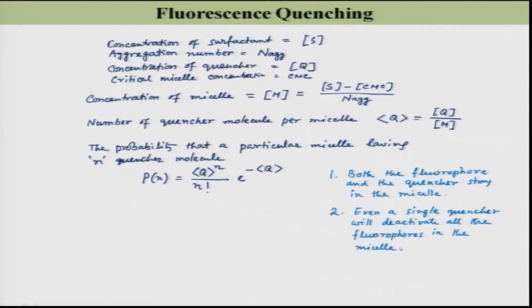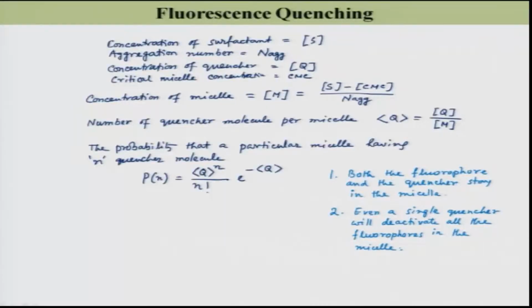In this case, I will not create such a situation at all. I will use a low fluorophore concentration, so that each micelle probably will have, on average, less than 1. It means that some micelles will have a fluorophore, some will not, but I will use more quencher. That means the micelles which have a fluorophore must contain a quencher.